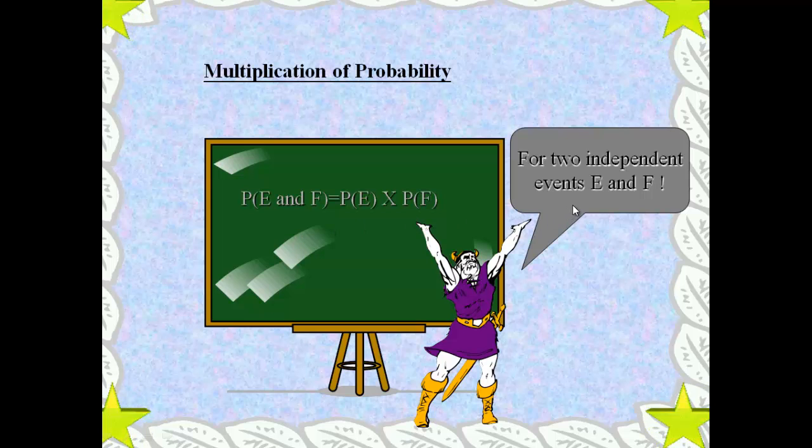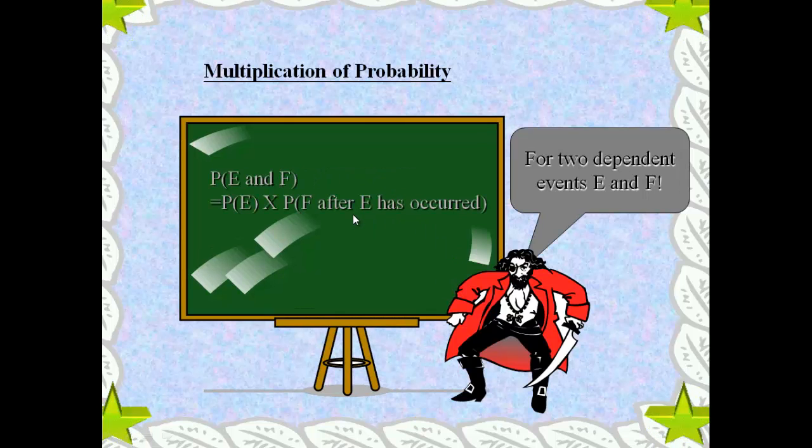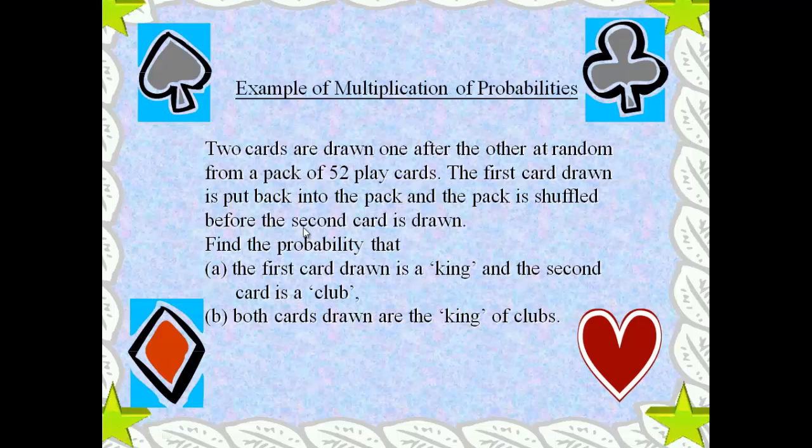So for 2 independent events, we multiply the probabilities, but if the events are dependent, before we multiply for the second event, we have to take into account a changed probability after the first event has happened.